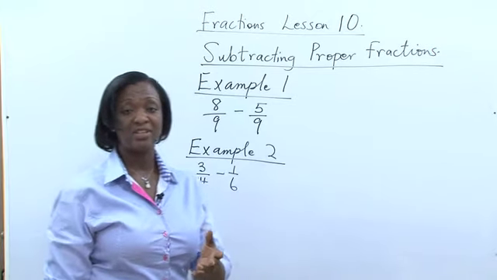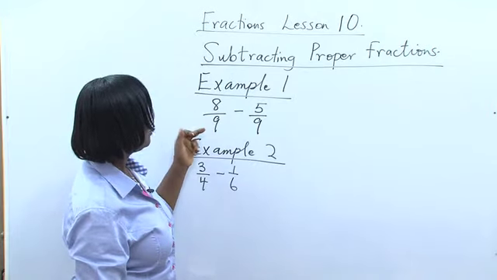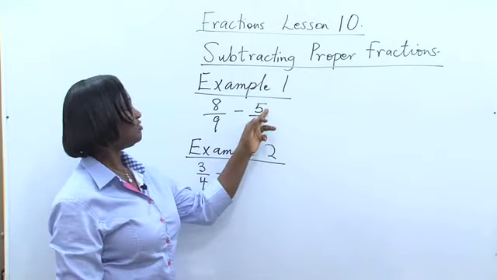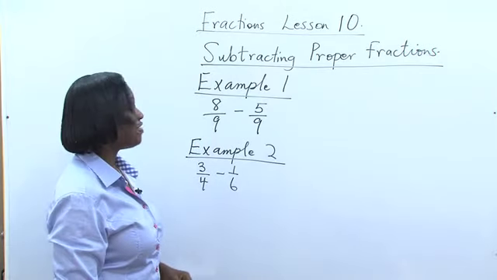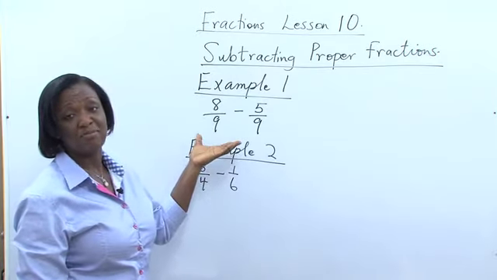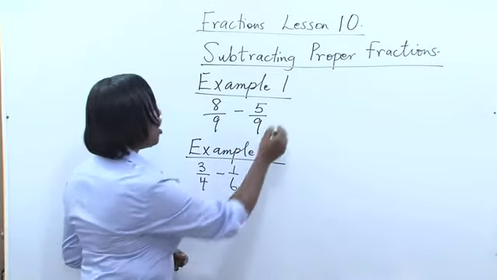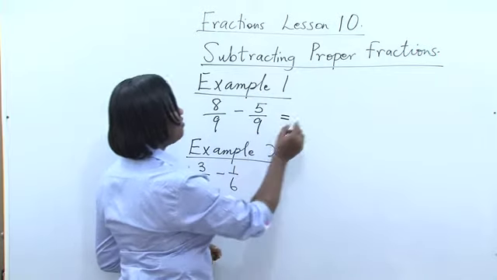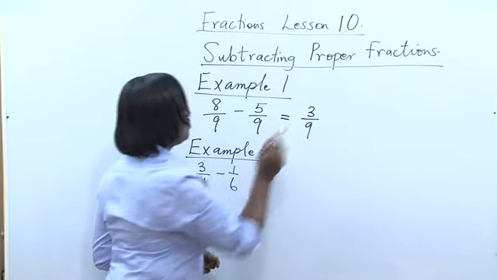Example 1 is very easy. As you can see, it says 8/9 minus 5/9. 8/9 take away 5/9. The denominators are the same, so you simply subtract the numerators. And we all know that 8 take away 5 is 3, and the denominator is 9.